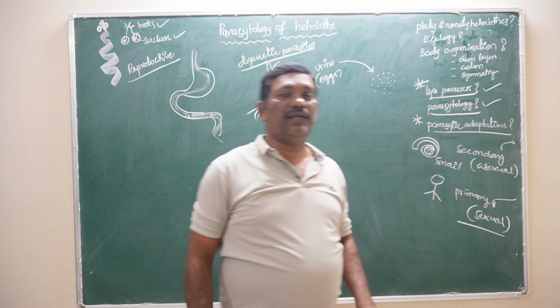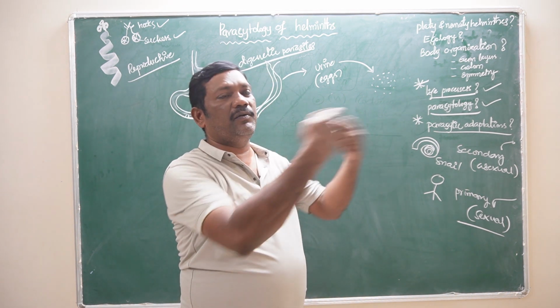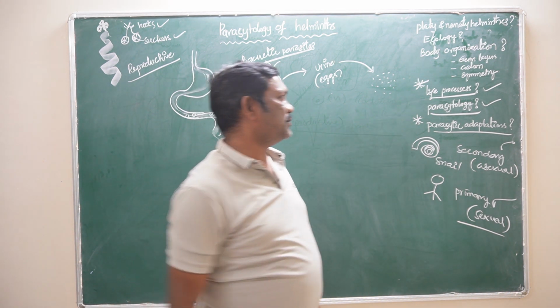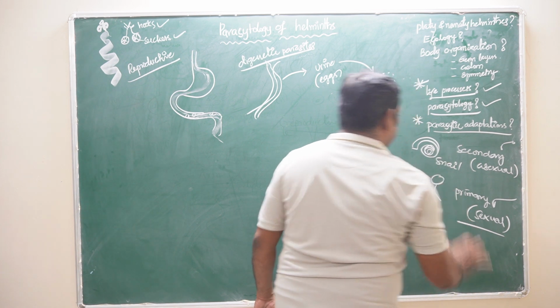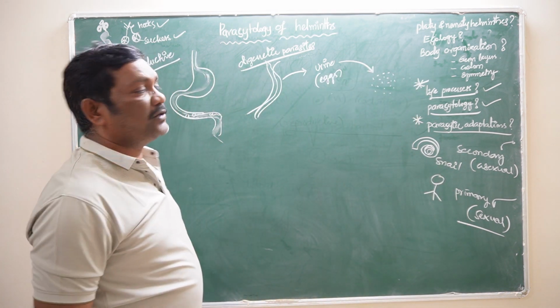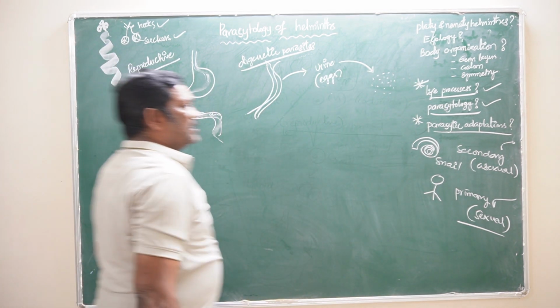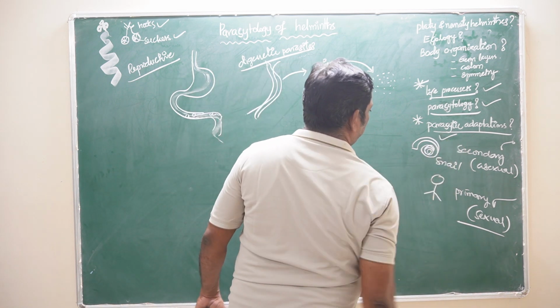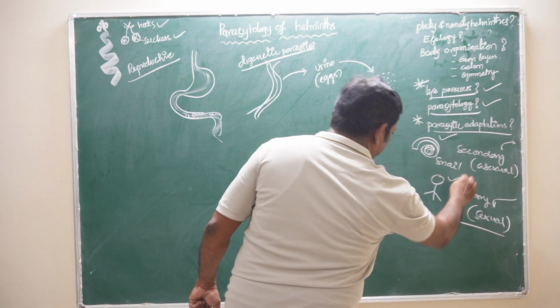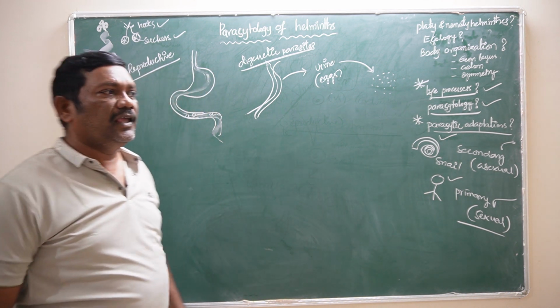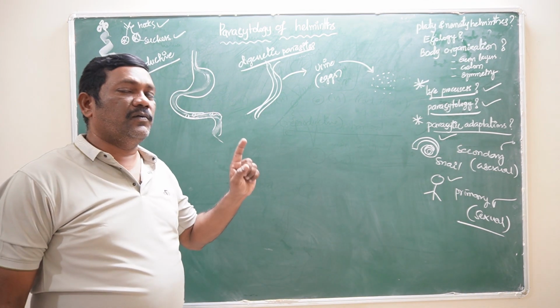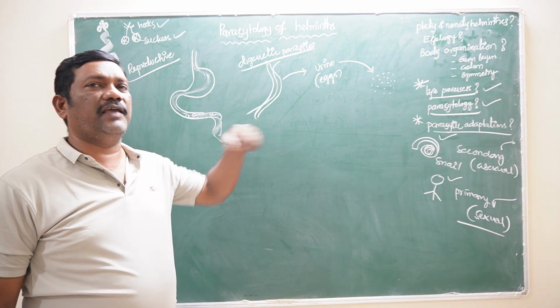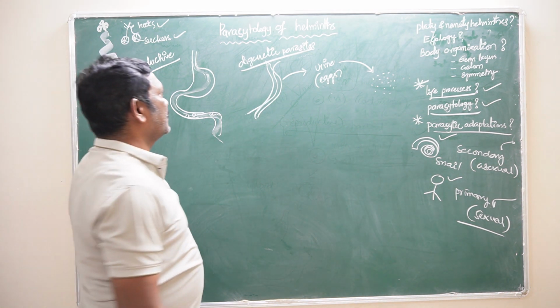And except the human being, this organism does not live in other vertebrates. So these two hosts should be there to complete its life cycle. The secondary host is the Bulinus or Planorbis snail and the primary host is a human being. If one host is not there, the life cycle will be closed.